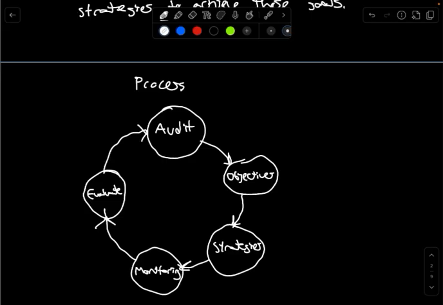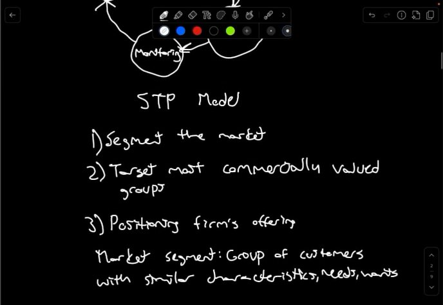Monitoring and review is reviewing the progress, what they have done so far, to maybe adjust the plan a little bit. And then evaluation is basically examining how successful their marketing strategy was. And then it comes back to audit, the first stage.